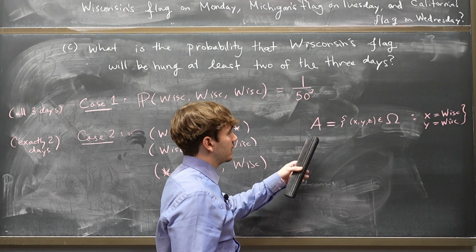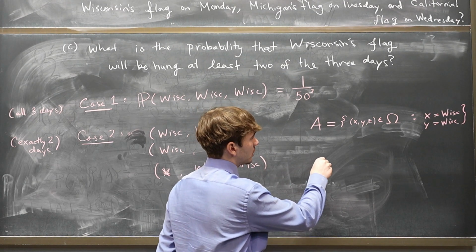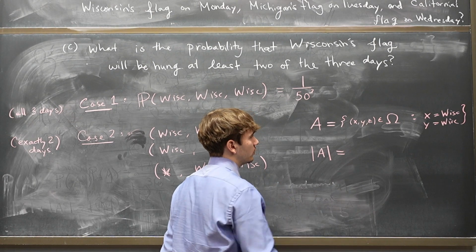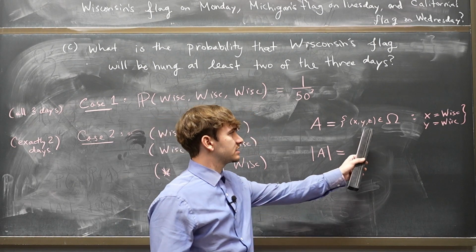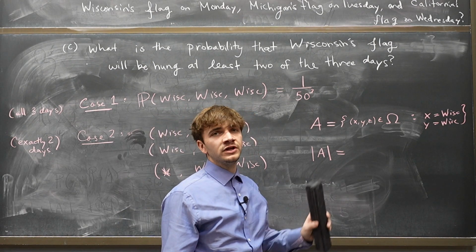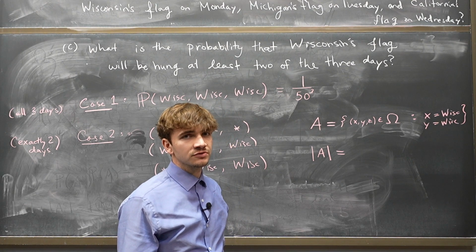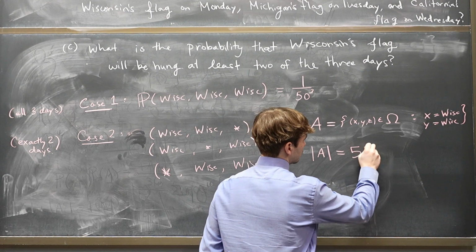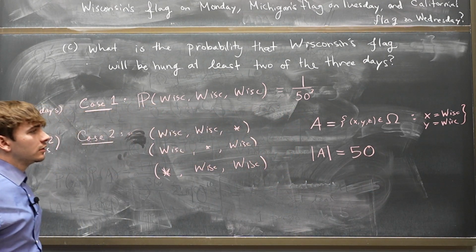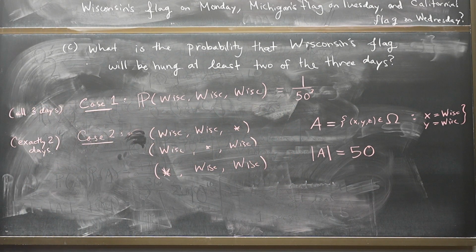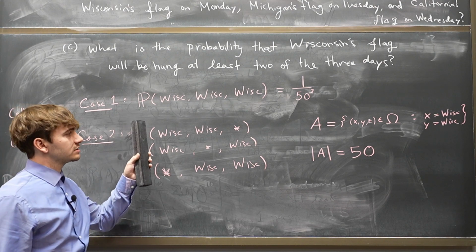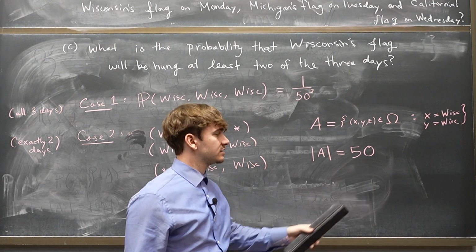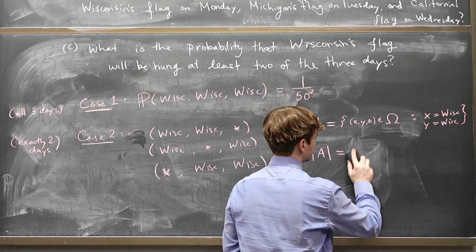And the cardinality of A is exactly 50, because there are 50 possible choices for the flag on the third day. But I'm a little bit off here, because in fact the cardinality of A is not 50. It's actually 49.